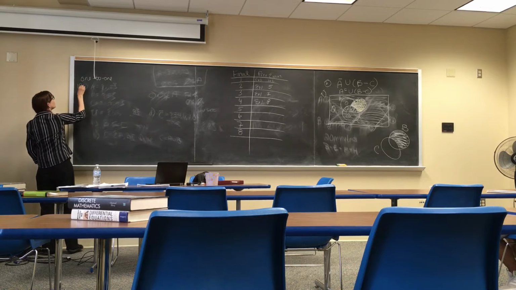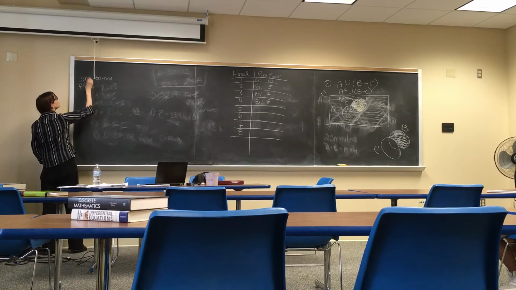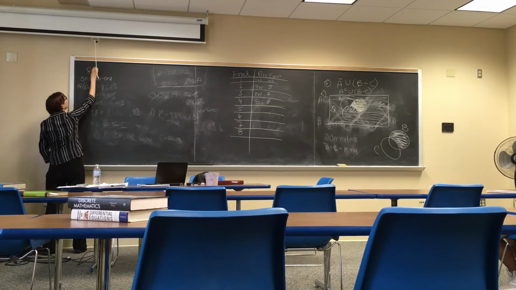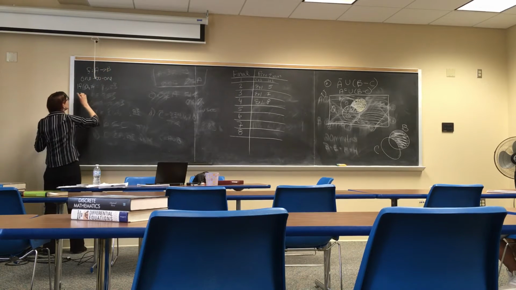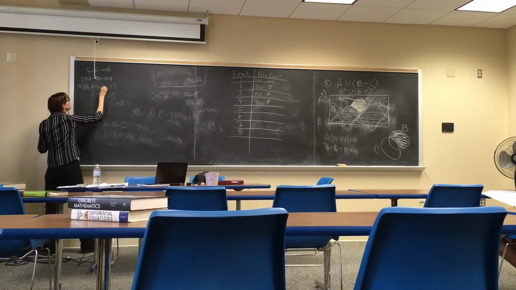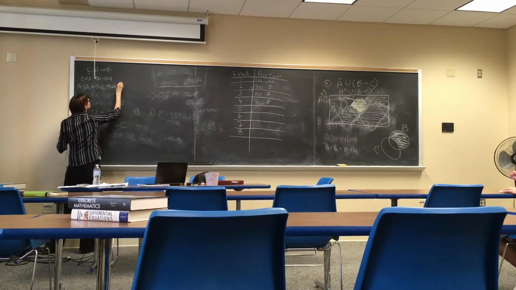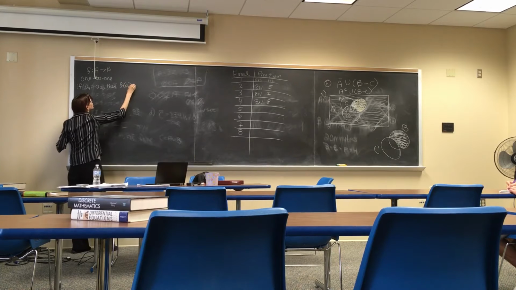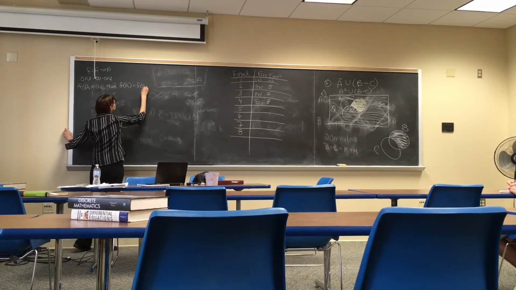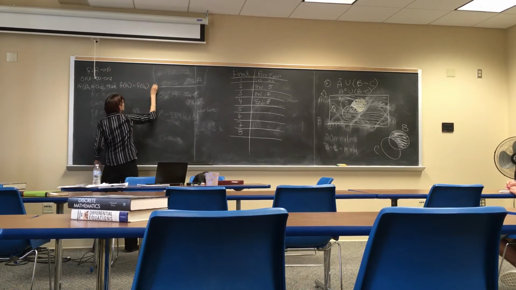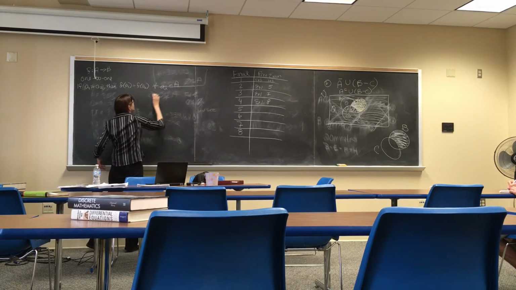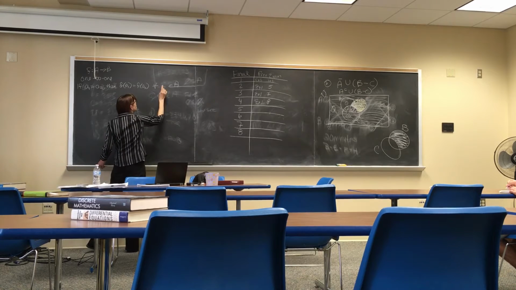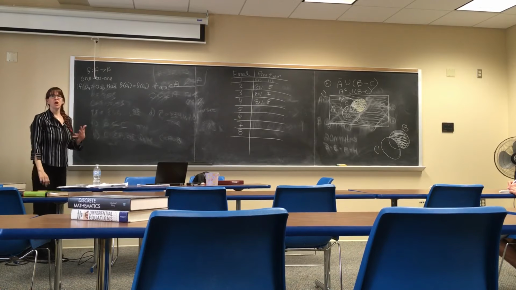So, oh sorry, I should write it, we're doing a function from A to B. So if A sub 1 is not equal to A sub 2, then f of A sub 1 is not equal to f of A sub 2, for all A sub i in A. This is what it means to be one-to-one.